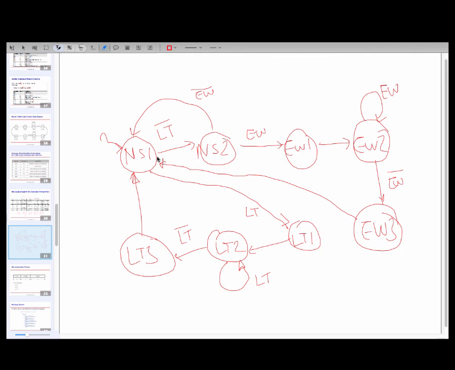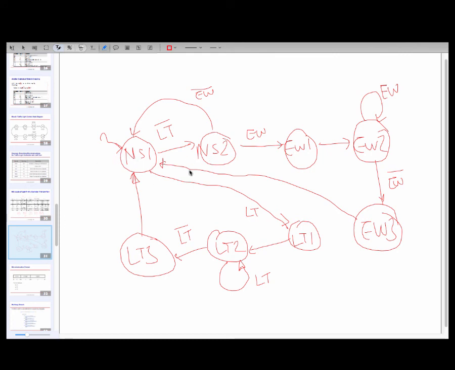I cannot do a three-way branch. Ideally, that's what I would have liked to do out here. I would have said, if left turn but not east-west, go to LT1. If not left turn but east-west, go to EW1. And otherwise, stay put. I would like to do all three in one go, but since the branching approach only lets me specify one branch target, I need an extra state.